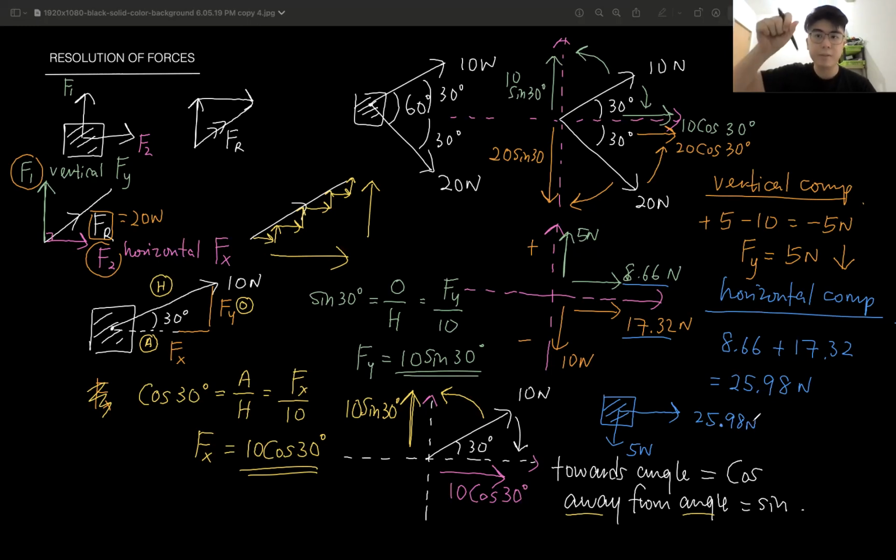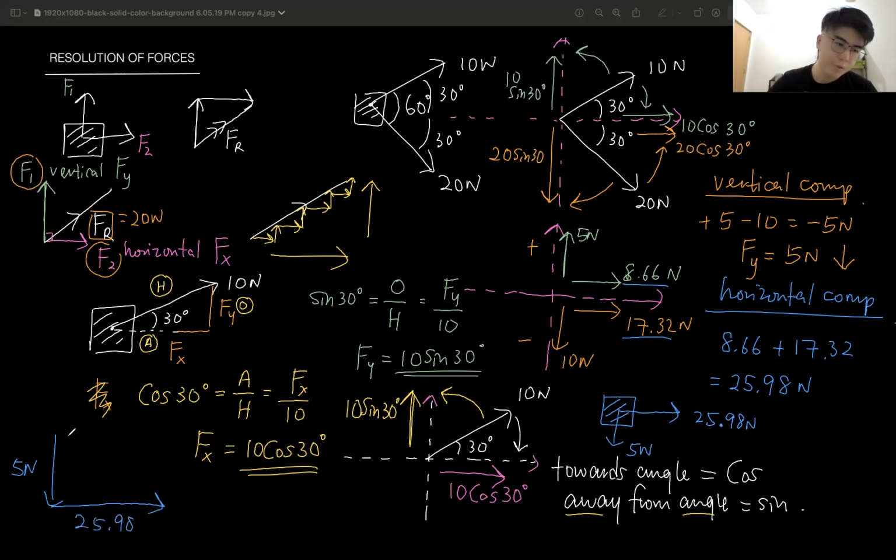For the final resultant, the overall net, you do the Pythagoras. Let me draw it here. Downward 5 Newton, and then you add with 25.98. So you do it like this. Be careful with the direction. This is pointing like this.